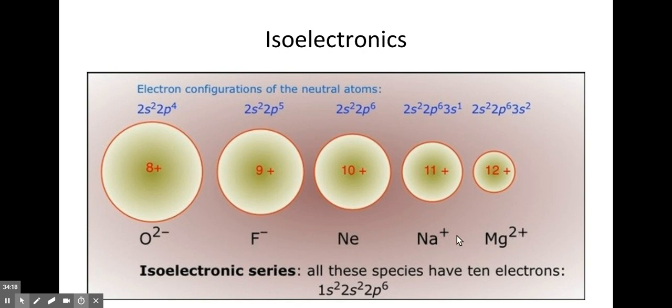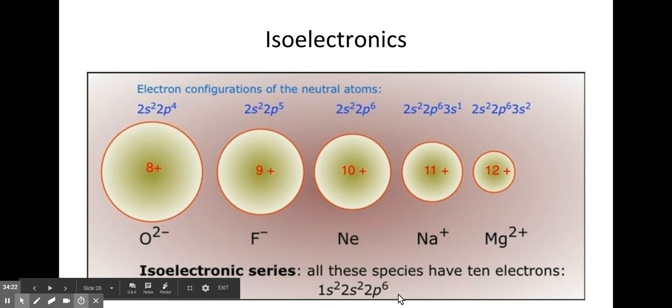But now, once we form these ions, every single one of these elements has the same electron configuration, and that's what isoelectronic means. So you may have to write what the isoelectronic electron configuration is, or more likely to determine which set of elements and ions are isoelectronic. You need to know what that means before you can answer the question.